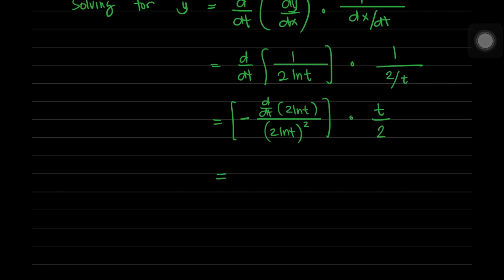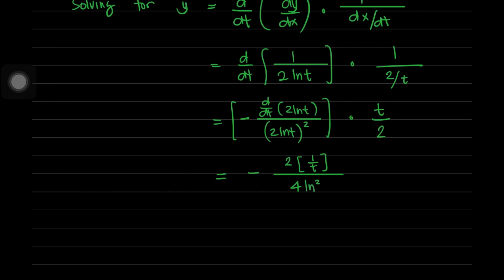So this is now equal to negative, the derivative of 2 ln of t, which is 2 multiplied by 1 over t, all over 4 ln squared of t multiplied by t over 2.